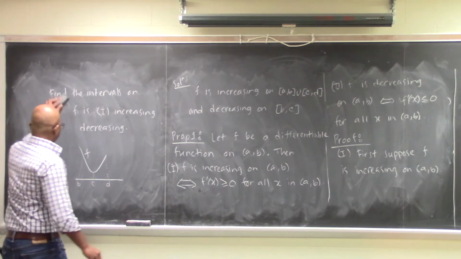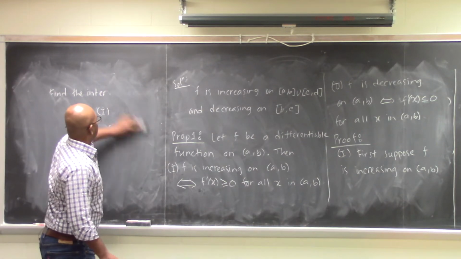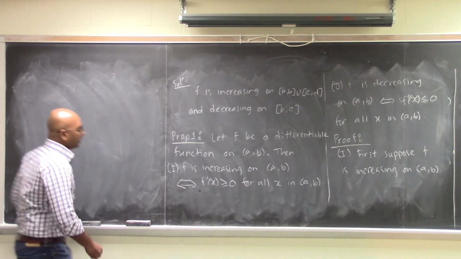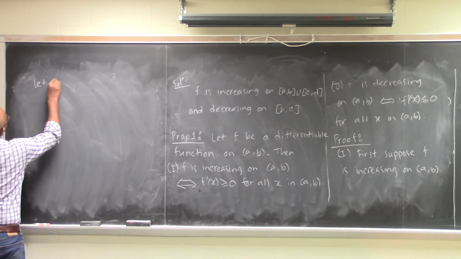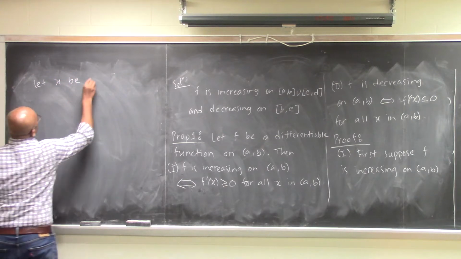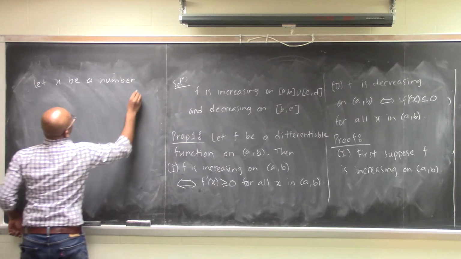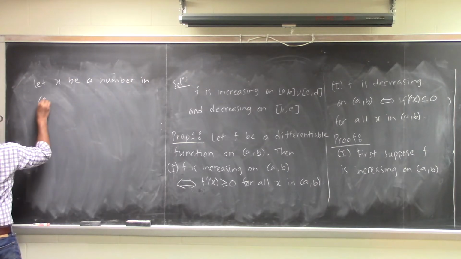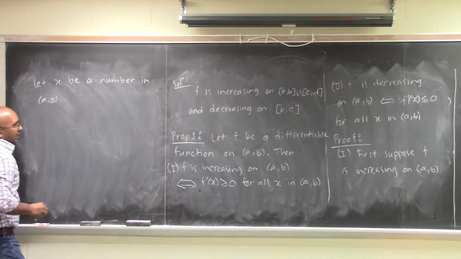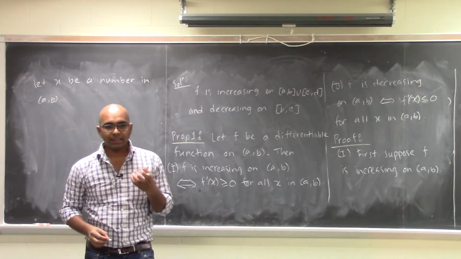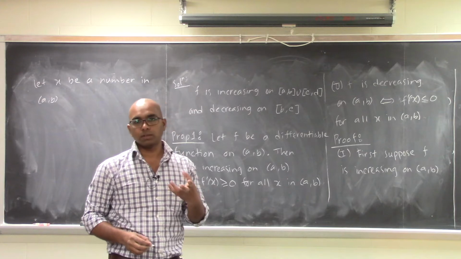Okay, so we need to take a number x from that interval, right? So let x be a number in AB. Okay, and since we are talking about derivative, from the limit definition of derivative, we need to have the difference quotient first, right?